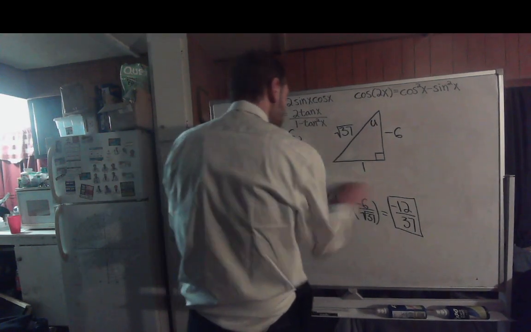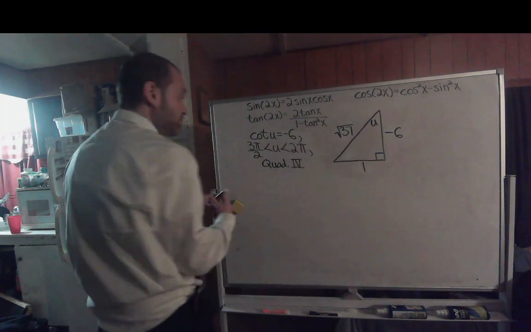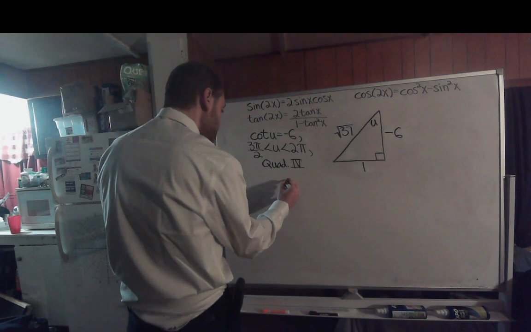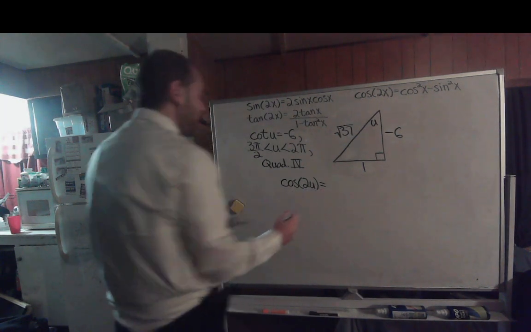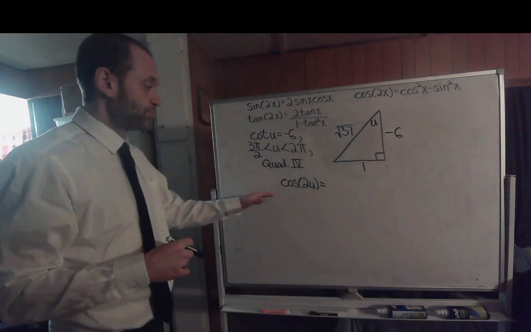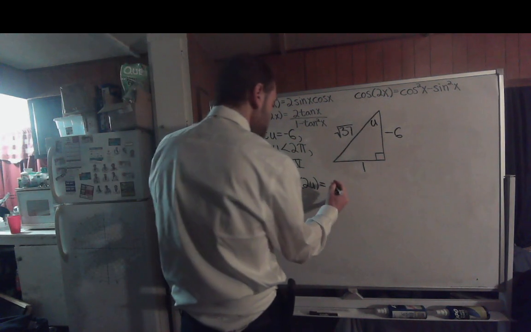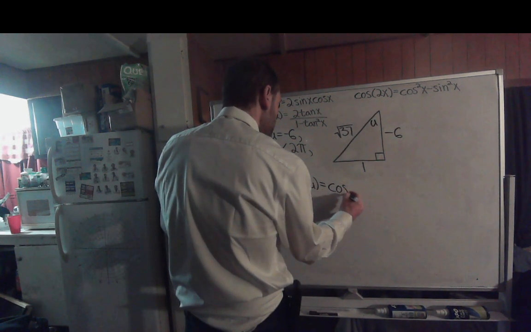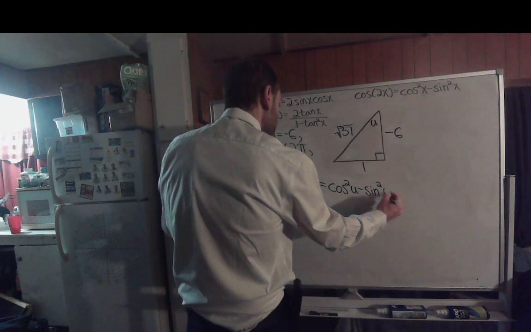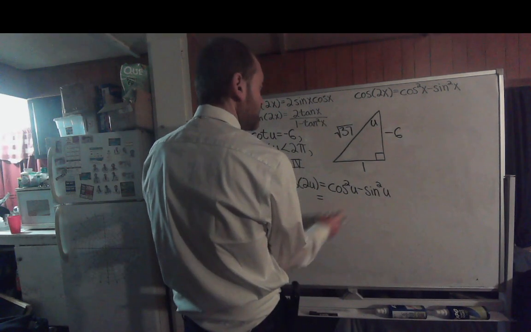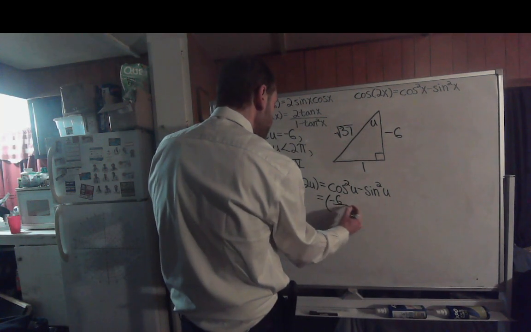All right. Let's do the cosine of 2u. So let's input our formulas here. This would be equal to the cosine squared of u minus the sine squared of u. Alright, so what's the cosine of u? That's -6 over the square root of 37, but we have to square that.